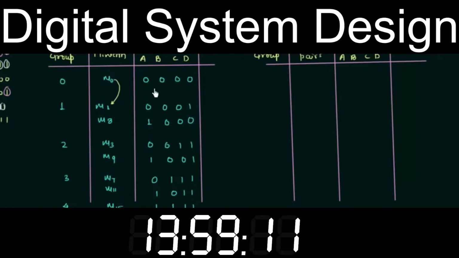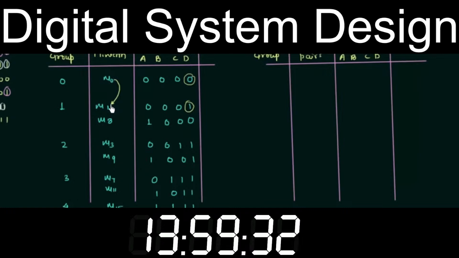A, B, C are 0 in case of M0 and also 0 in case of M1, but D is 0 for M0 and it is 1 for M1. So only one variable is changing, hence M0 M1 is a matched pair.